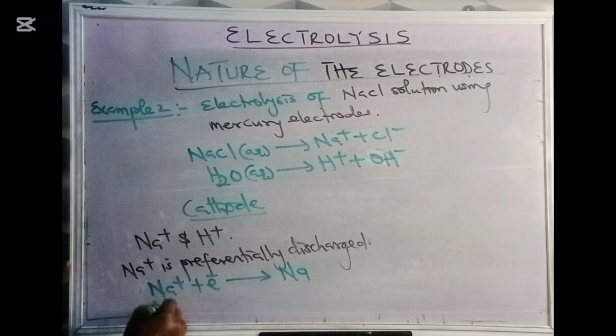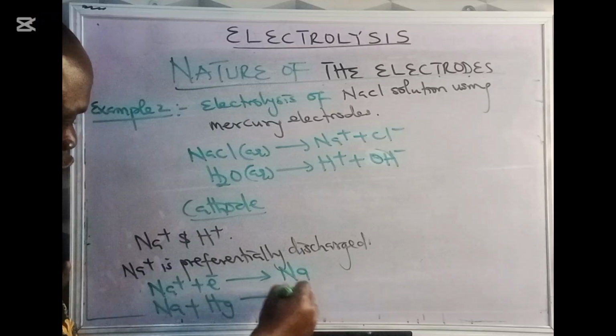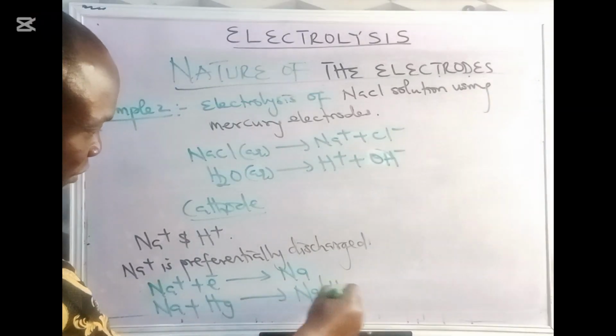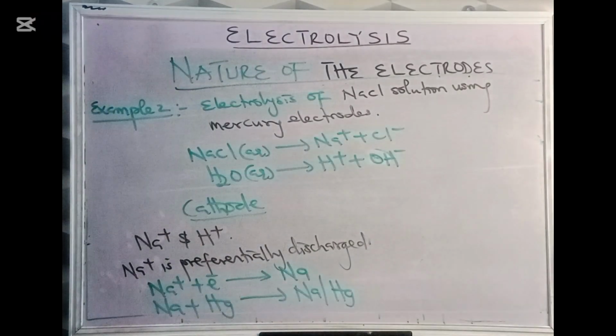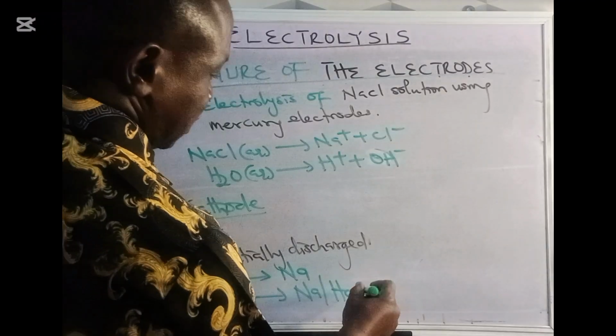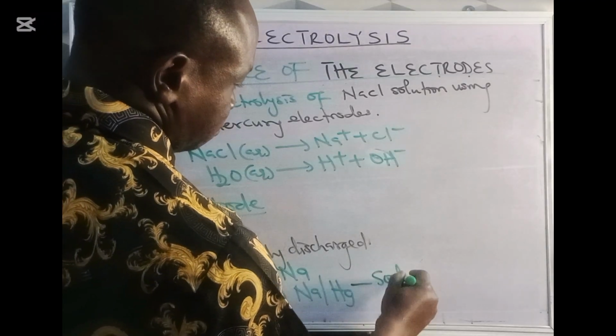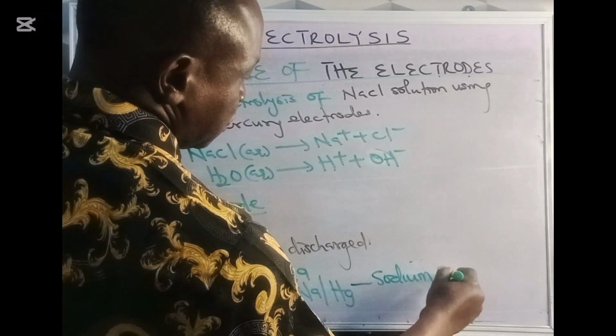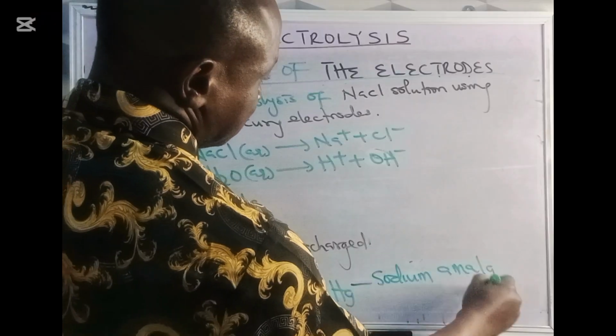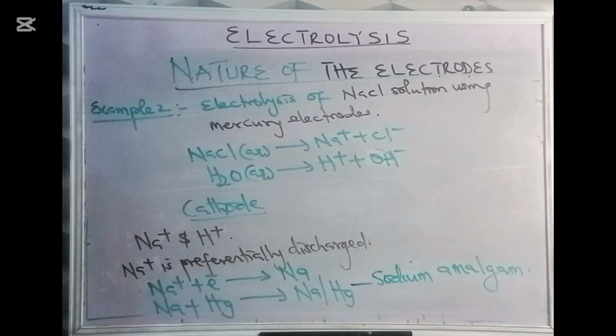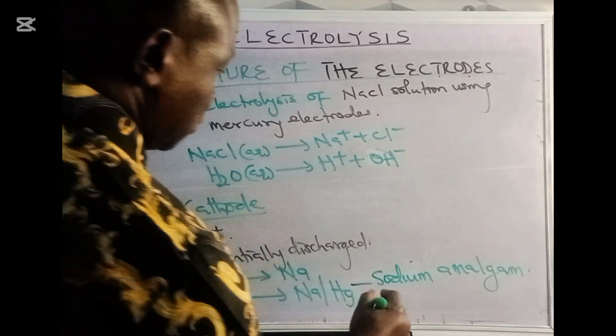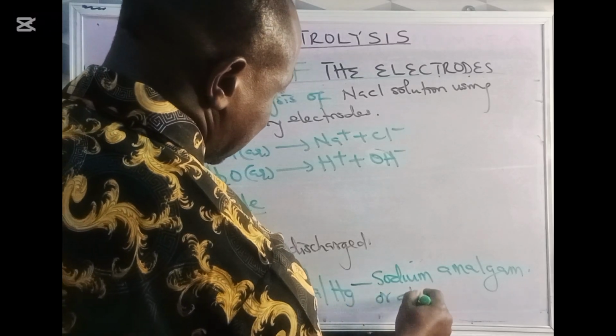Sodium will now react with mercury to form sodium amalgam, or amalgamated sodium.